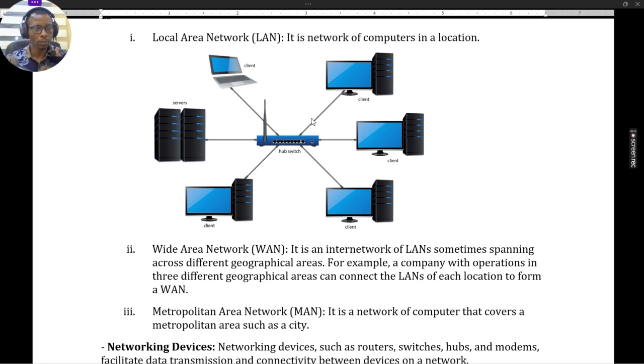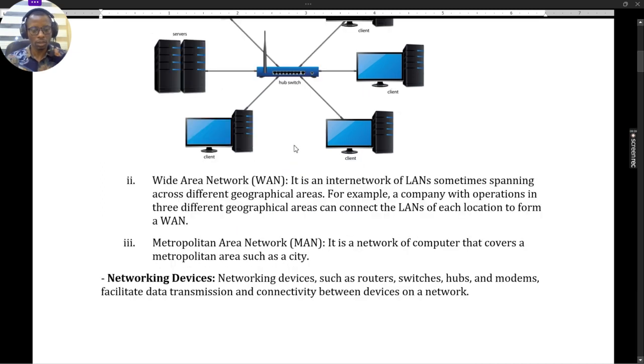We will talk about the hub, we talk about the switch, we talk about the router. Basically, those are the three major ones that you're going to come across. And this is like what a hub does. It connects two or more computers. Likewise, a switch. So when we get to that, I'll explain more about that.